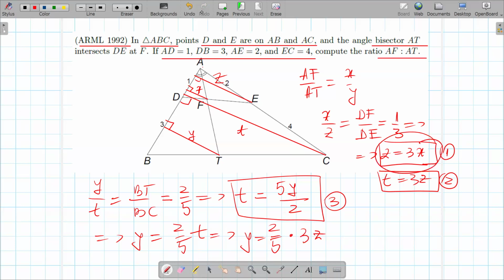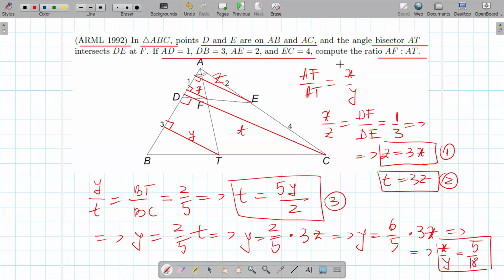And now we have Z in terms of X. So this means that Y is equal to 6 over 5 times 3X, no? So there you go. That means that X over Y is actually equal to 5 over 18. A very, very nice proof. We figure out X over Y, and this is equal to 5 over 18. So we were able to compute AF over AT in what I think is a very, very elegant proof.